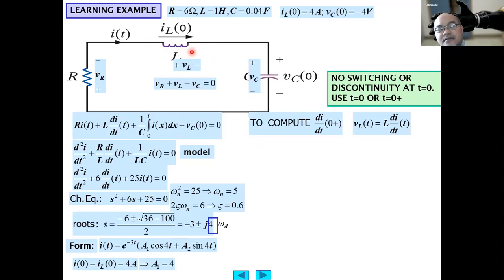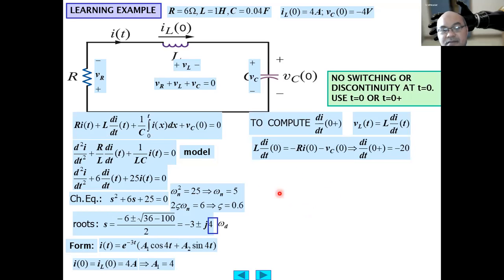VL equals L di/dt. Using KVL, L di/dt equals minus Ri minus Vc. I at 0 is known, and Vc at 0 is known here. So we obtain di/dt equal to minus 20.